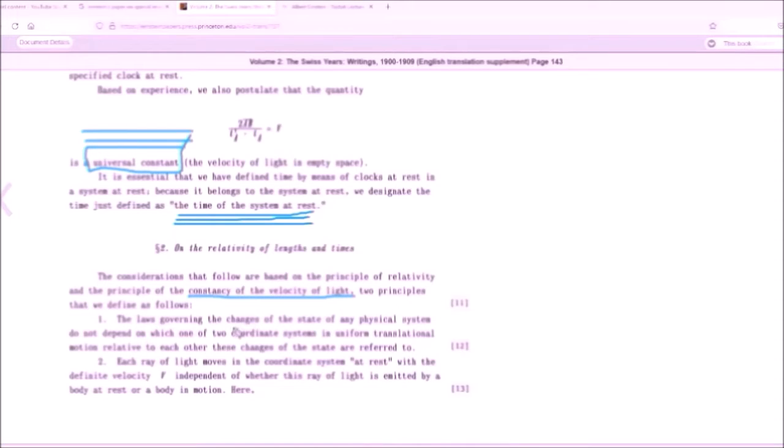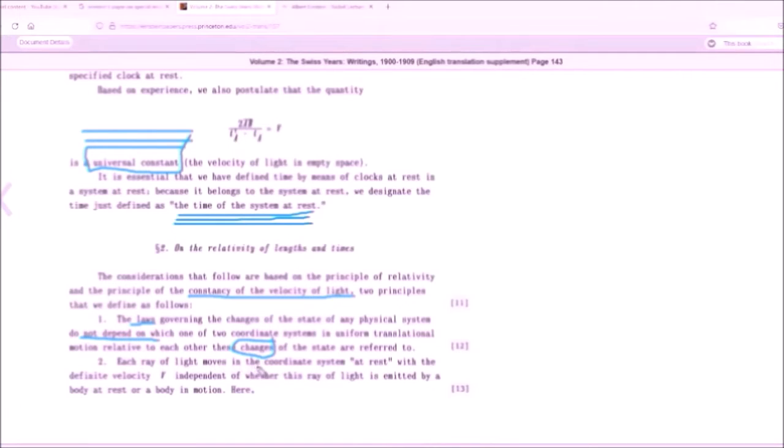The laws governing the changes of the state of any physical system do not depend on which one of the two coordinates in uniform translational motion relative to each other these changes of the state are referred to. So in other words, this is Newton's first law of motion, which means a uniform motion in a straight line. The laws governing that change do not depend on the coordinate system.